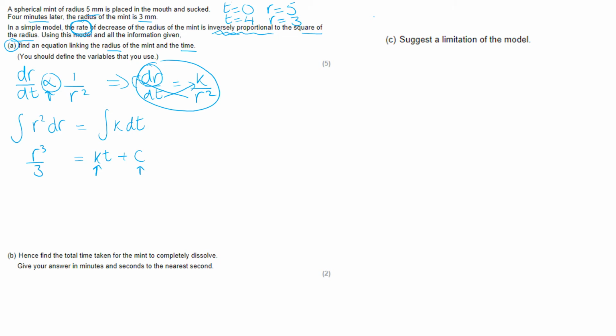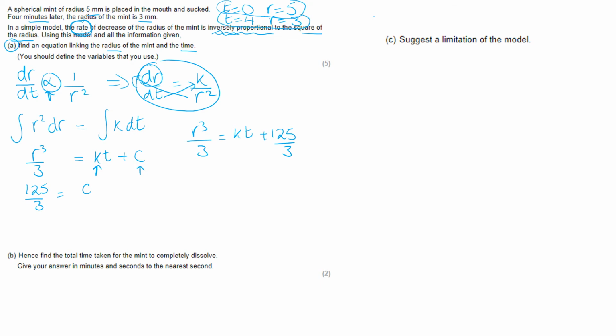So using the first bit of information, when t is equal to 0, we've got r is 5, so 125 over 3 is equal to, when t is 0, the k term will go out and we'll just get c. So our equation will be r cubed over 3 is equal to kt plus the c, which we've now found is a constant. Then use the second bit of information.